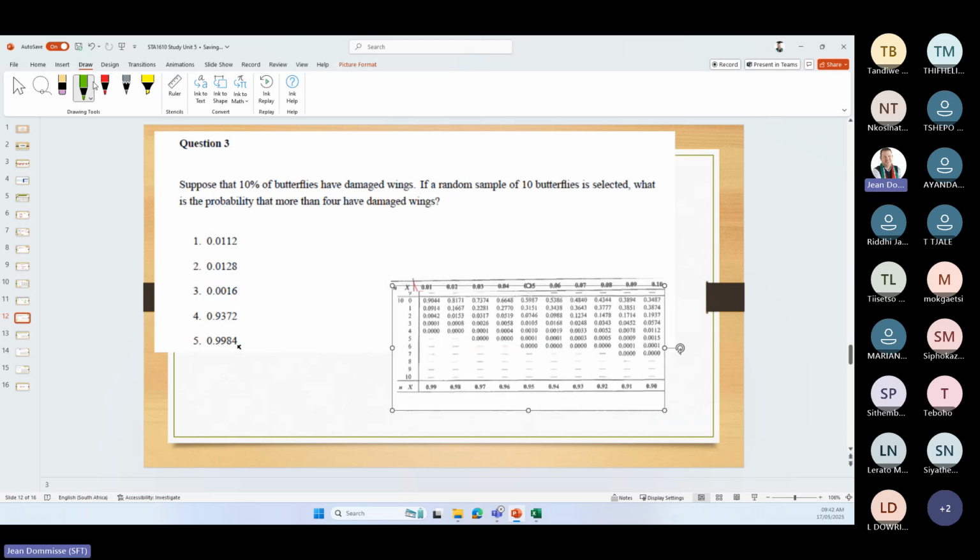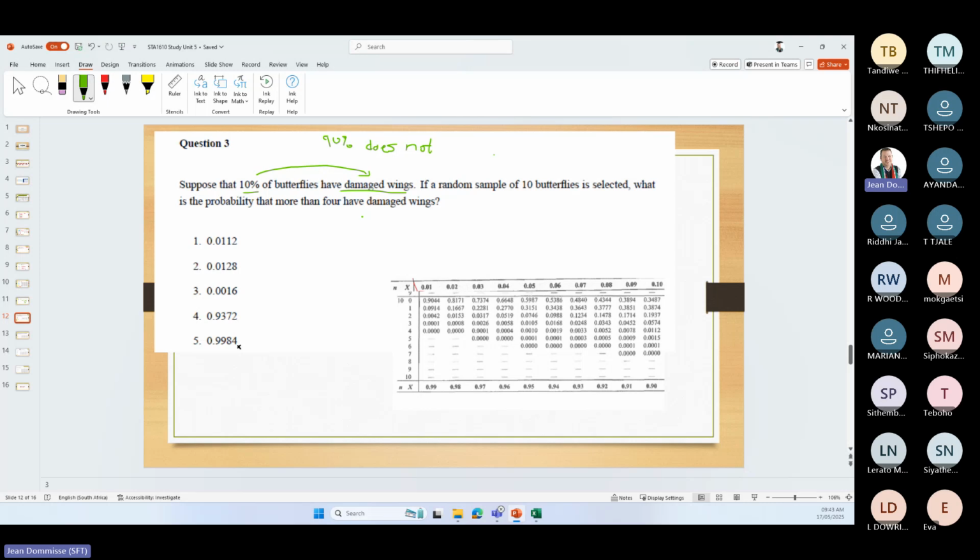Okay, so again, they don't tell us here it is binomial, but let's see what they tell us. Suppose that 10% of butterflies have damaged wings. So if 10% have damaged wings, there's 90% that does not have damaged wings. So just again binomial because it happens or it doesn't happen.